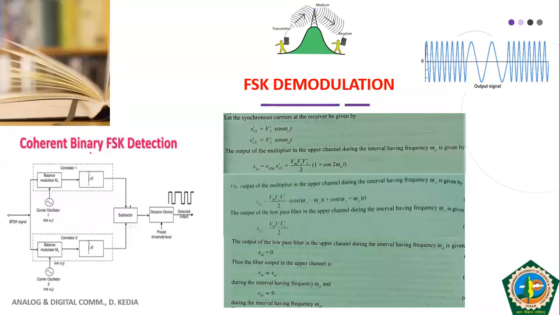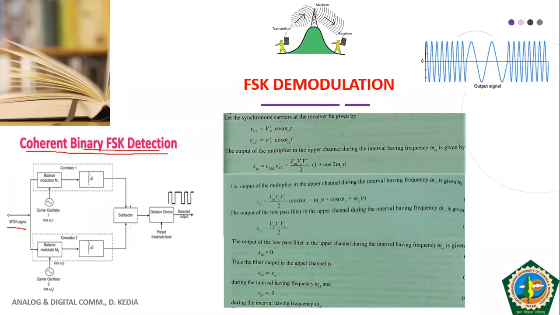Next we have coherent binary FSK detection. Here we use a locally generated carrier, and we multiply this locally generated carrier with my FSK signal. When we multiply two frequencies, we already know that we will have sum frequencies and difference frequencies.